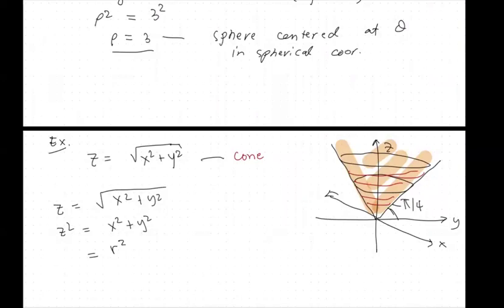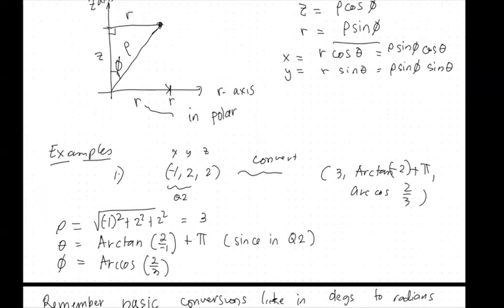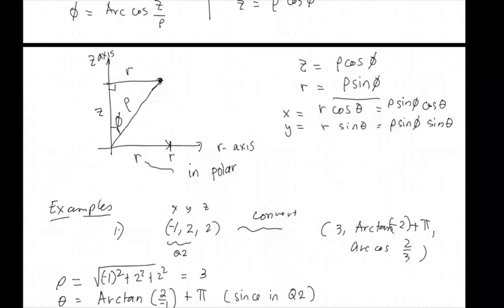So in this conversion, your z is this, and then your r is this from here. So this is your conversion.